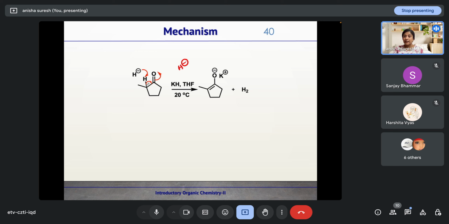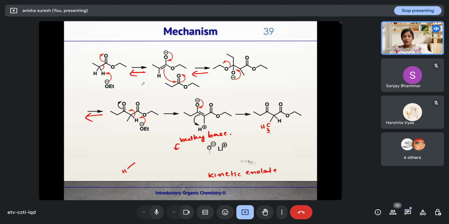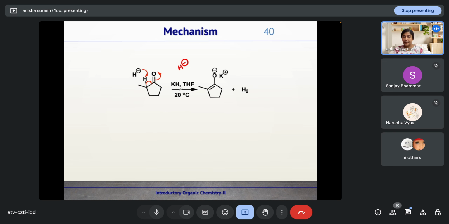So it can abstract the proton from this position, as sterics will not affect, and also here the temperature is 20 degrees Celsius. So this can abstract the proton from here, leading to formation of this thermodynamic enolate. So this is the right answer.